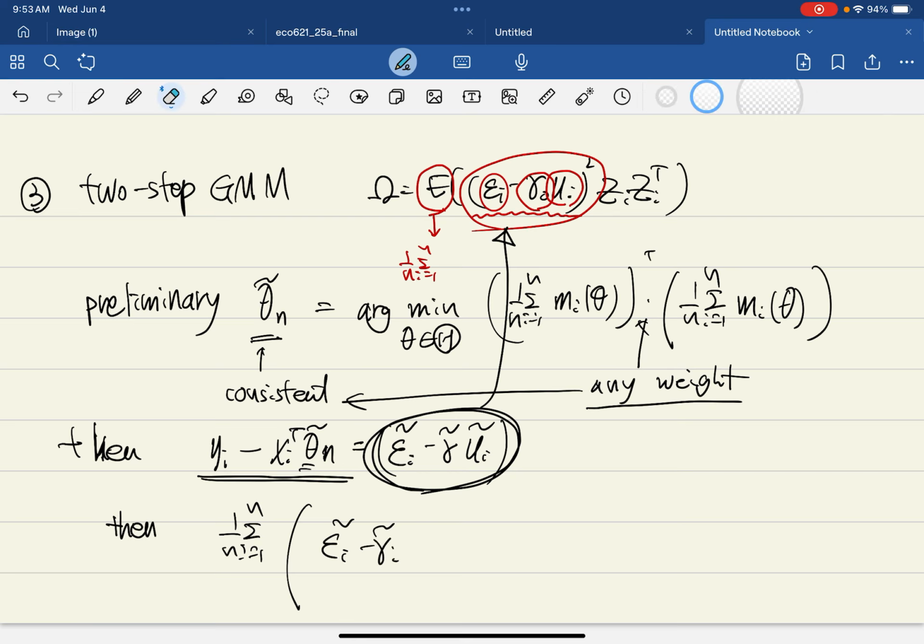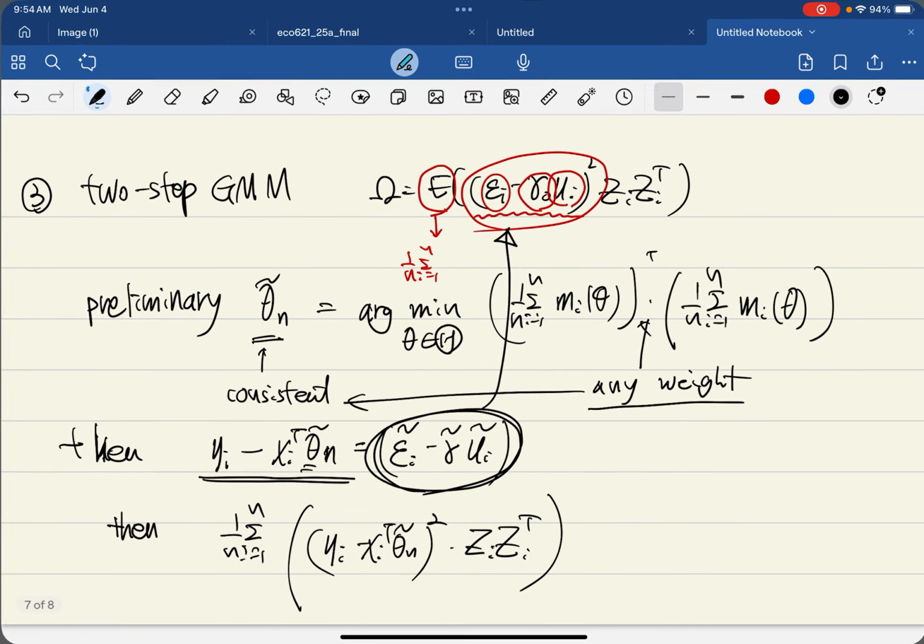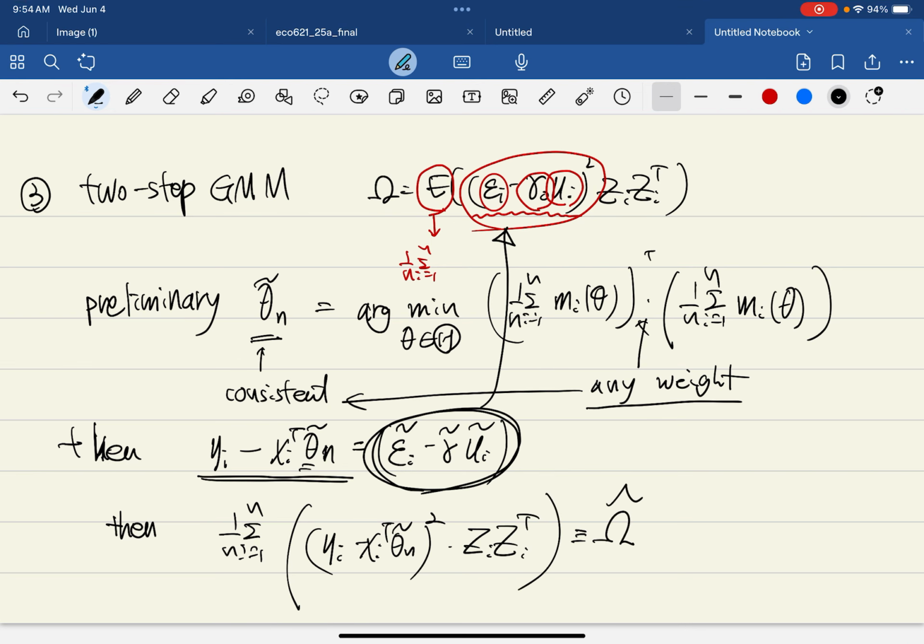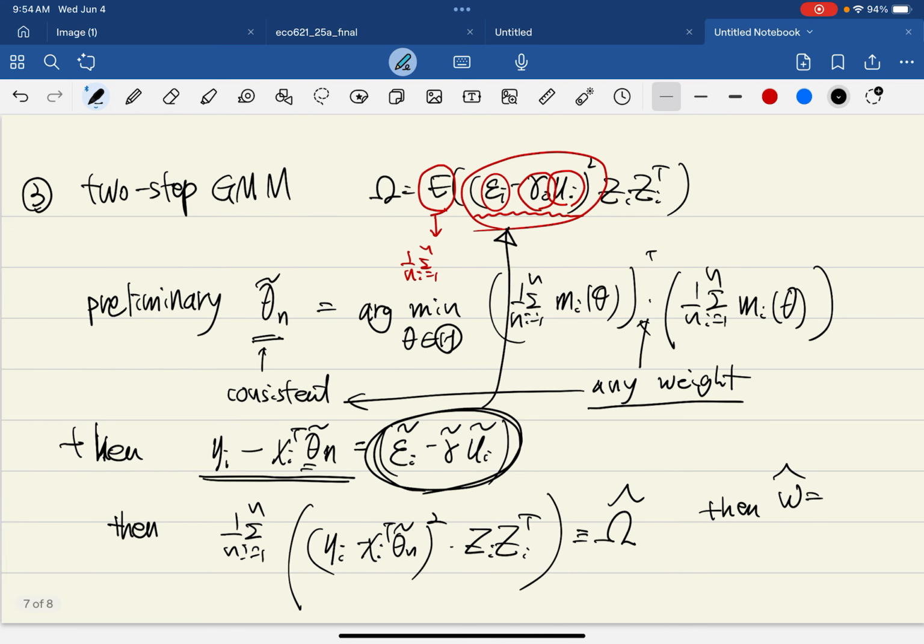Excuse me, let me be more precise. You may calculate something like this as an estimator for omega, and then your weight matrix can be its inverse.